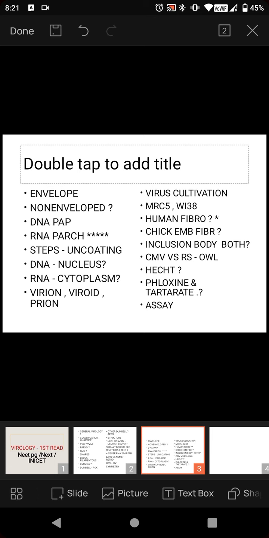Animal inoculation, Coxsackie, embryonated egg, CAM, chorioallantoic membrane, vaccinia, variola, yolk sac, arbovirus, amniotic membrane, influenza, anti-influenza vaccine, then organ culture, tracheal rings, explant culture, minced tissue, adenovirus, cell culture lines, and primary cell line, secondary cell line, continuous cell line. Primary cell line: monkey kidney, human amnion, chick embryo fibroblast. Secondary cell line: human embryo fibroblast, MRC5, WI38.